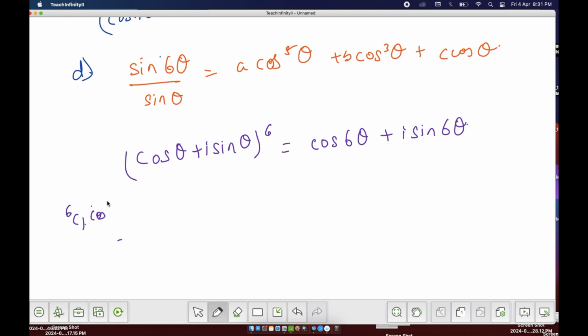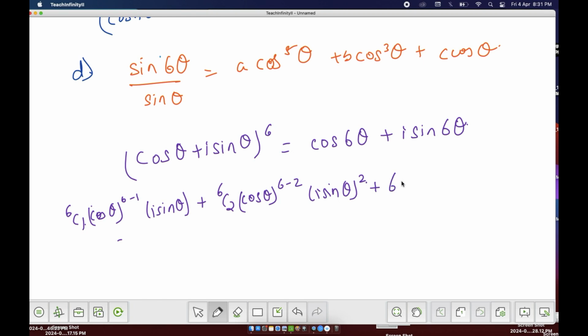6C1 cos theta to the power 6 minus 1, times i sin theta to the power 1. Plus 6C2 cos theta to the power 6 minus 2, and then i sin theta to the power 2. Plus 6C3 cos theta.